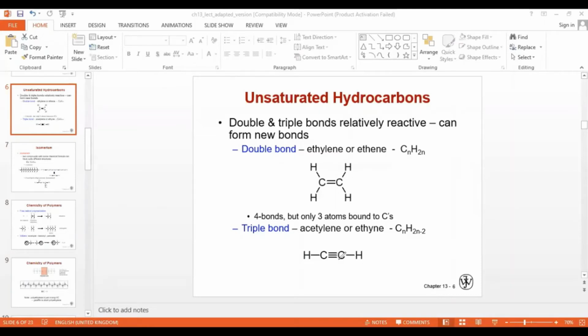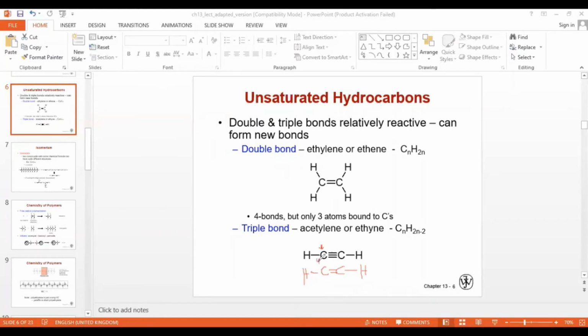What will happen is when these double bonds or these triple bonds are there, we can break them to form other bonds, right? So say for example, I have this triple bond. What I can do is I can break it to form another bond. So here if you take this carbon, it has bond 1, 2, 3 and 4 bonds. It has 4 bonds, right?